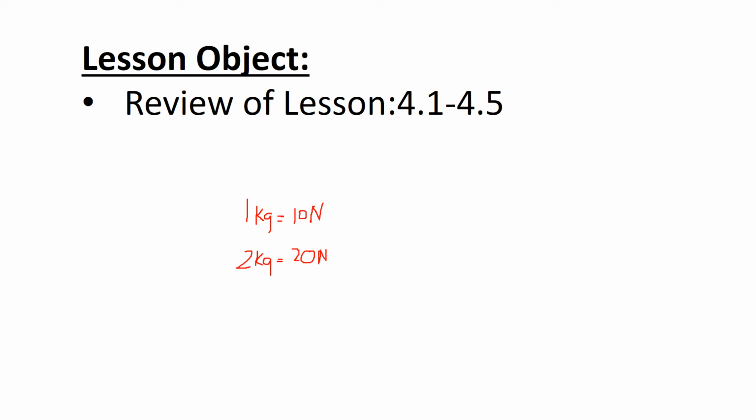Number 1, it changes the direction. Number 2, it makes it speed up. Number 3, it changes its shape. Number 4, it makes it stop, right? These are very important points.